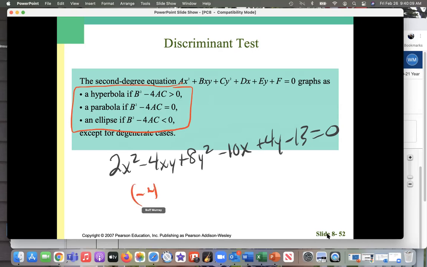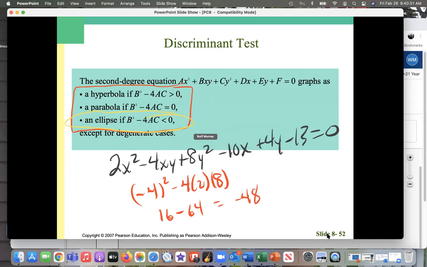B squared minus 4 times A times C. What's that? That's 16 minus 64, right? Which is negative 48. And negative 48 is less than 0. So that one has to be an ellipse, right?